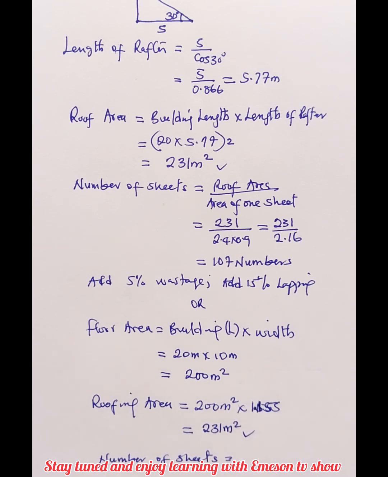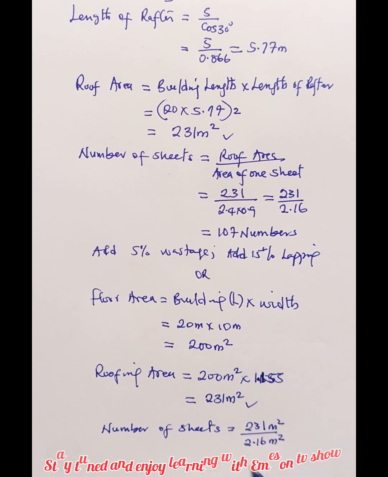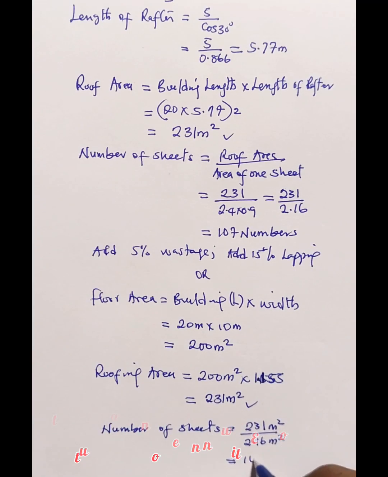Using the roof area, which is 231, divided by the area of one sheet, which is 2.16. So you end up having 107 numbers of sheets.